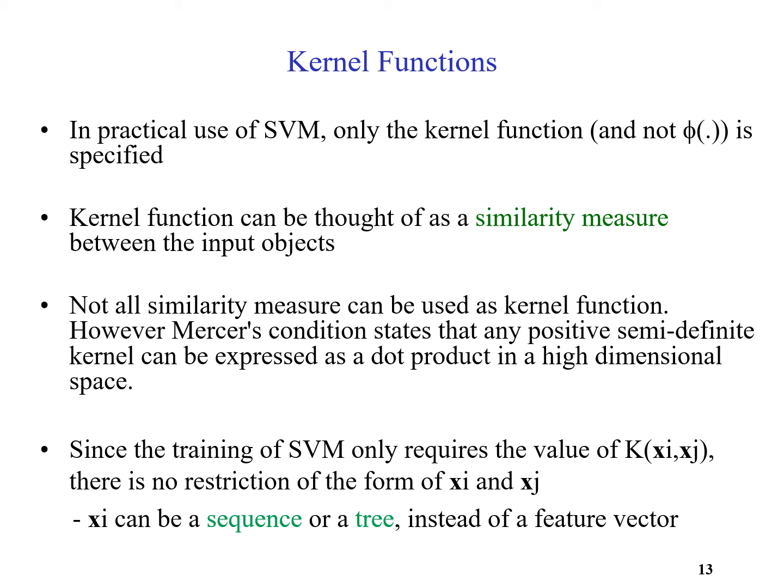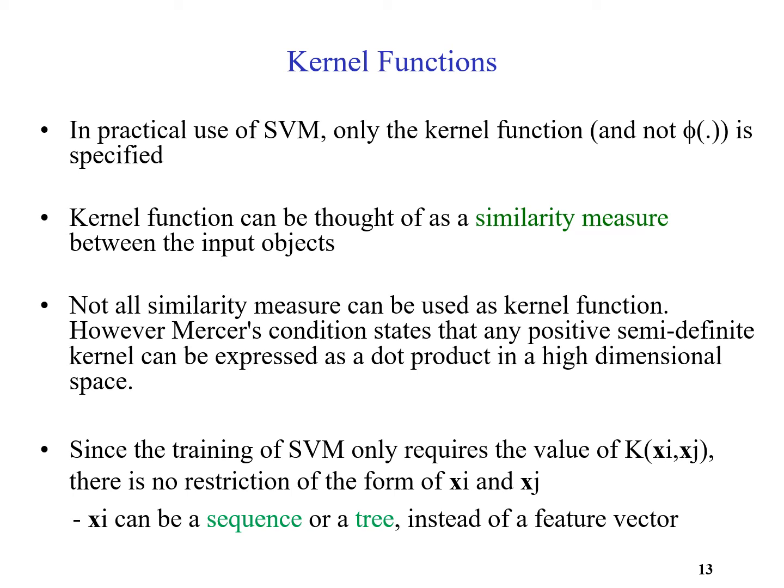Then you come up with a kernel function for that data type. When you come up with the kernel function, you have to consider two factors. The first is that the kernel function is a similarity measure, and the second is that it satisfies Mercer's condition.